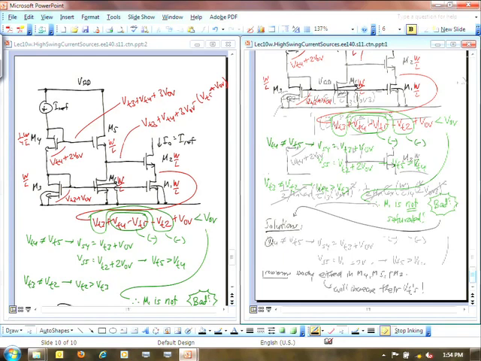So in other words, VGS4 has to be equal to a VT plus 3 VOVs. Okay? And so now, what does that mean? In order to do that, that means you want to make M4 even smaller than 1/4 of W over L of device 3.